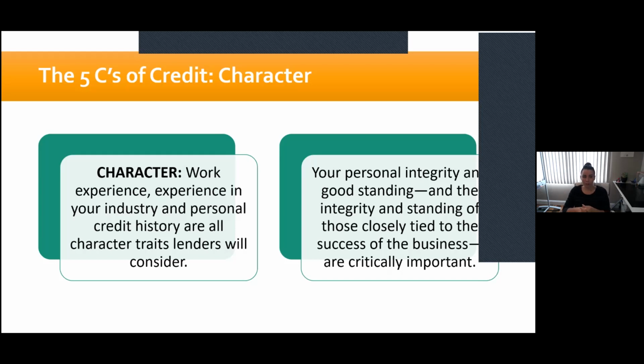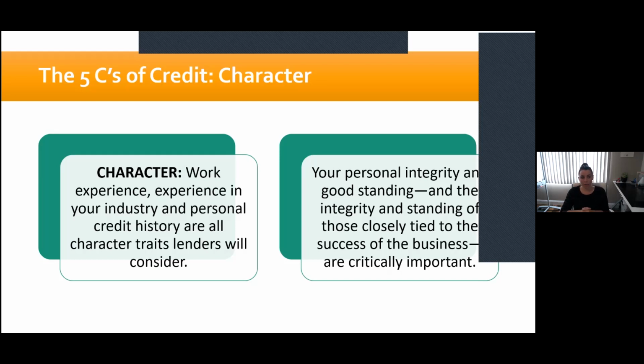They're also going to look at your credit history. Do you have a history of repayment? What other credit has been extended to you in the past? Have you had any bankruptcies? Do you have any open collection items? There are a lot of different lenders, including ours, that are able to look at what the situation is. So it might be that at one point maybe you had an accident or you went through a divorce or somebody else in your family experienced an illness and you had to leave your job and you had some financial issues as a result of it.